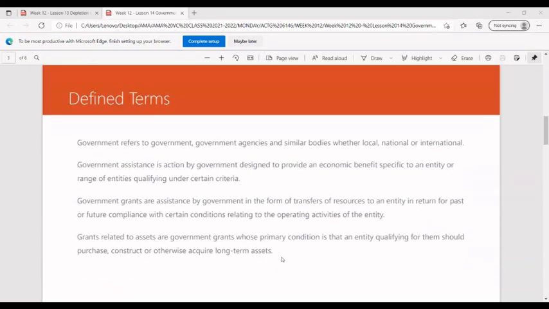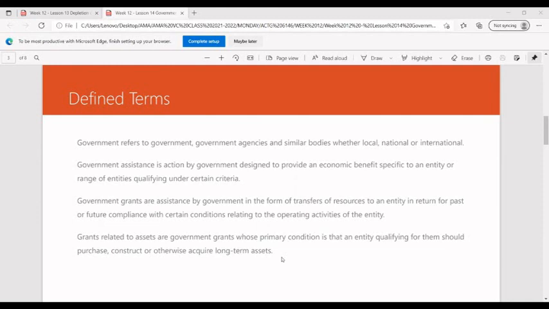Government refers to government agencies and similar bodies, whether local, national, or international. Government assistance is action by government designed to provide an economic benefit specific to an entity or range of entities qualifying under certain criteria.